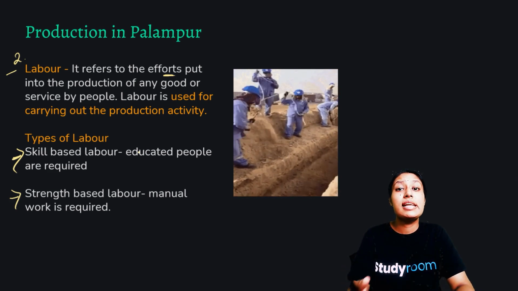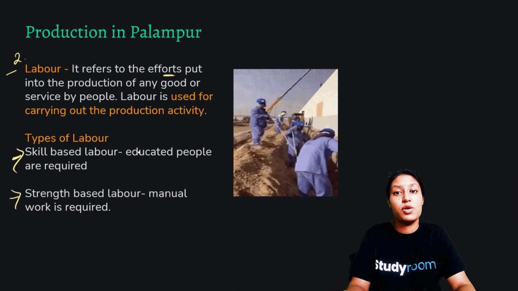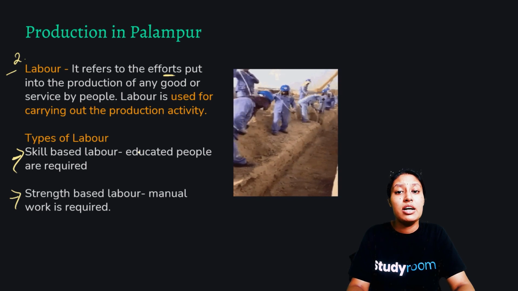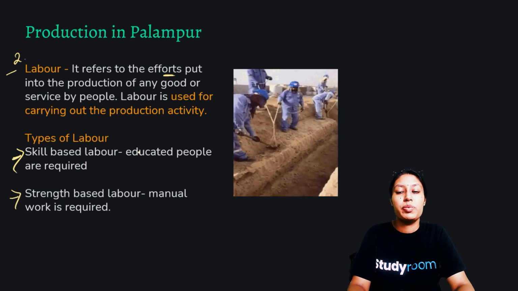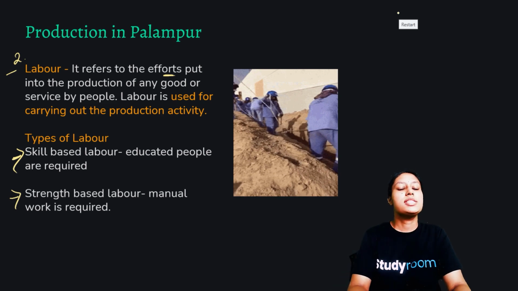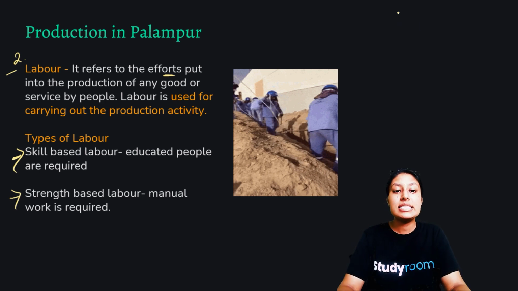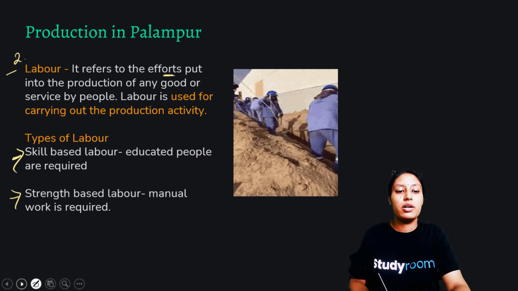We sometimes call them artists, because these are very technical things, and only skill-based labor could do that. This is a part where you require brain. Second is where you require physical strength. So it is strength-based labor, where manual working is required.